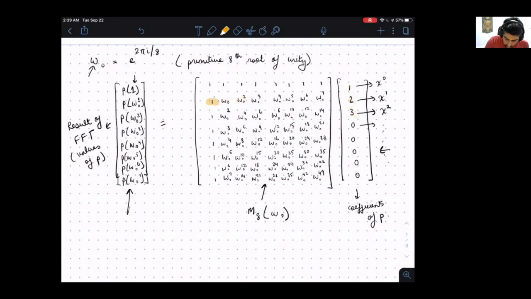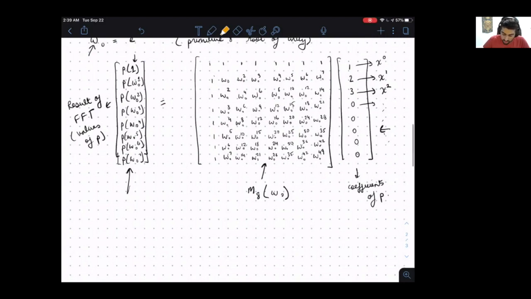Okay, so now that we've convinced ourselves of that, we've reformulated the problem at hand. The entire premise of FFT is now just to find an efficient way to do this matrix multiplication. Because in this matrix over here, we have n squared terms.